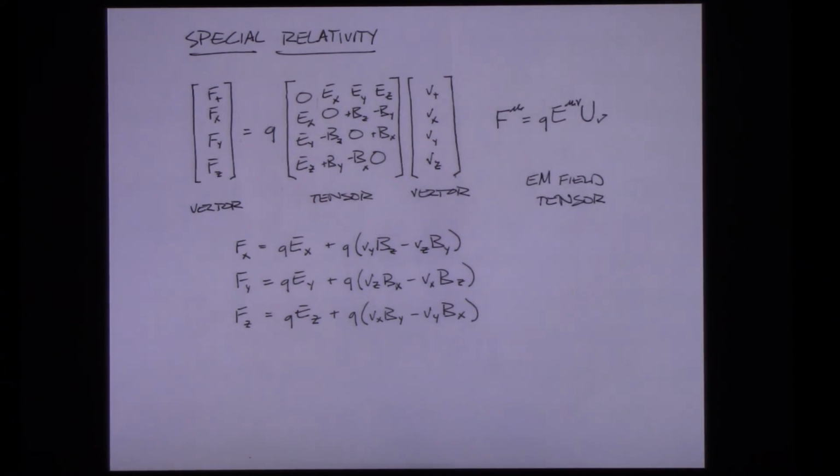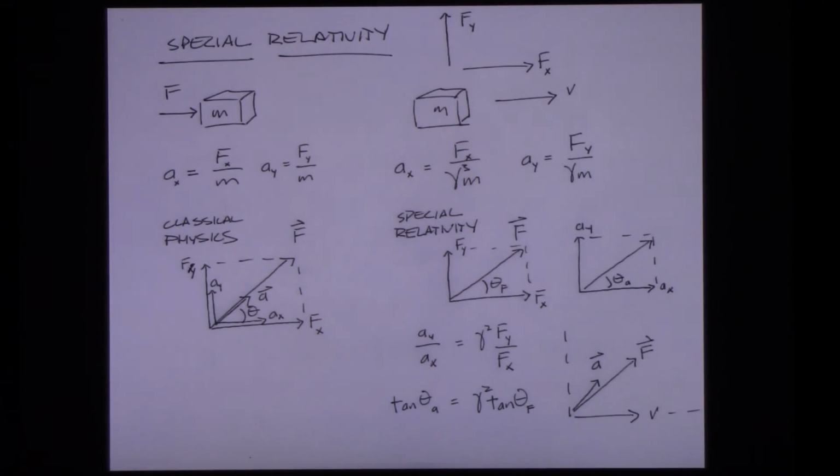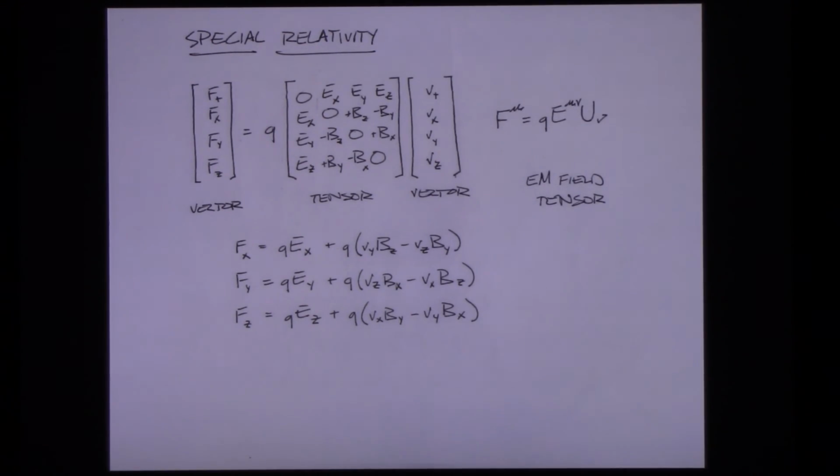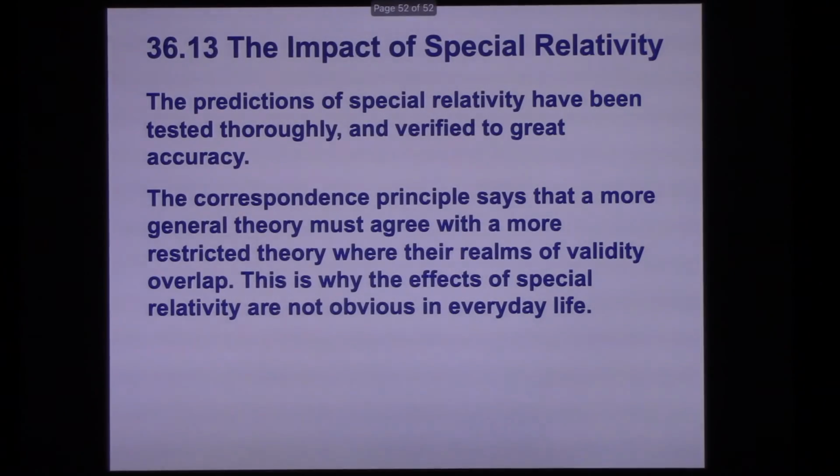Anyway, I thought it might be an interesting thing just to take a look at these last couple of examples, one very basic one from Physics 4a, and one pretty important set of force equations from Physics 4b, and show how they are modified within special relativity, and how special relativity unifies electric and magnetic forces into one force of nature. All right, I think that's it.